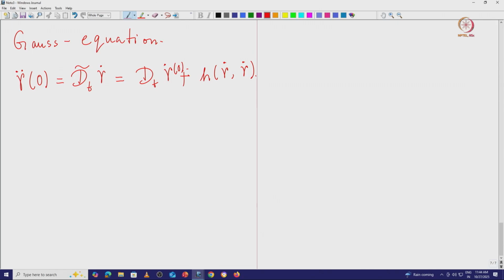All right, but note that the intrinsic acceleration lies in the tangent space of M and hence is actually perpendicular to the unit normal vector, right.